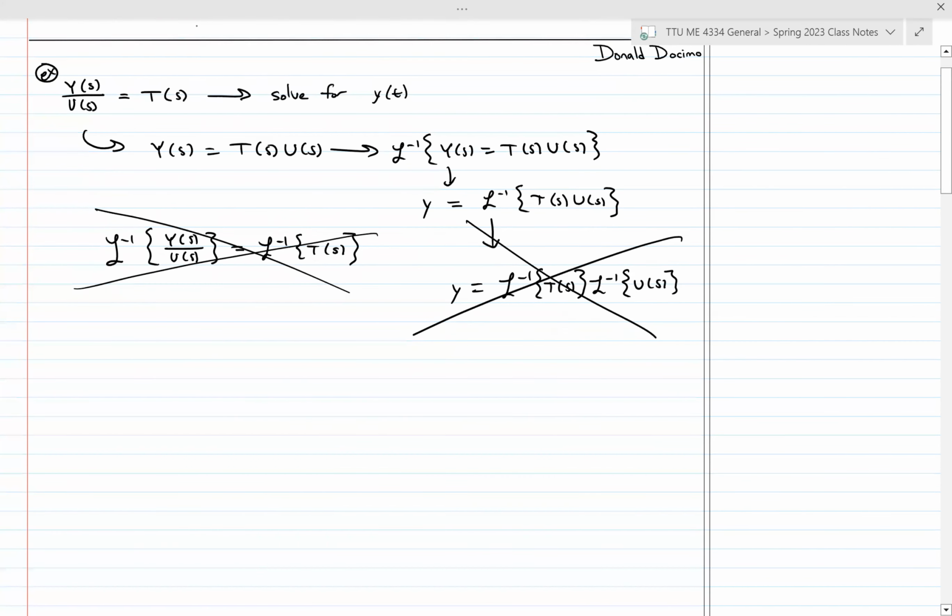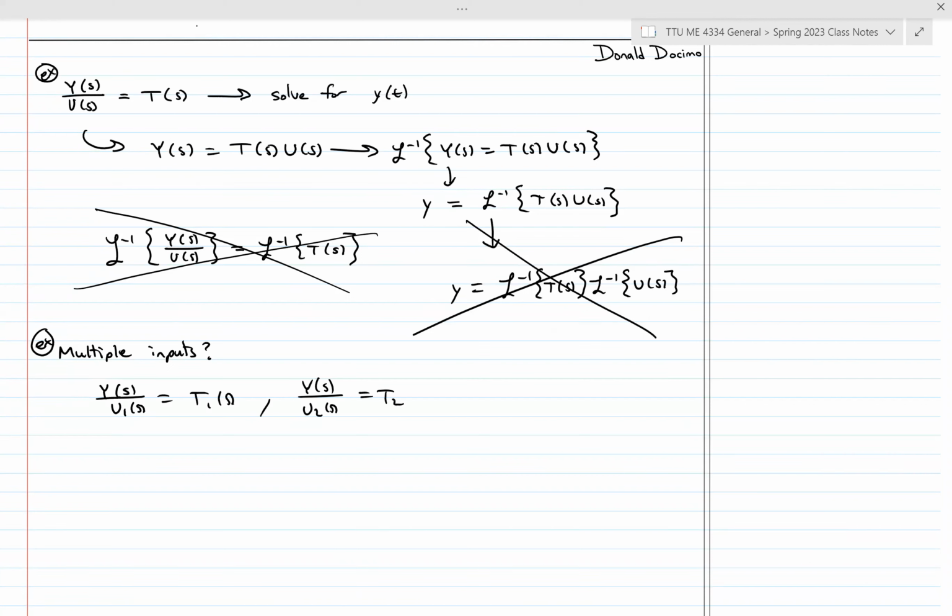Okay? Now, what if we have multiple inputs? So let's say I give you two transfer functions, T1 and T2. Same output for both of them. And I want to solve for y as a function of time with u1 and u2 both being non-zero.